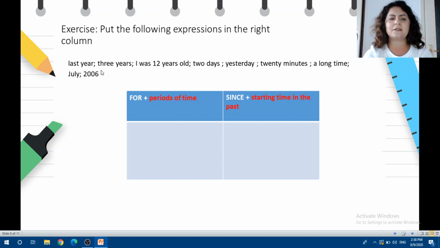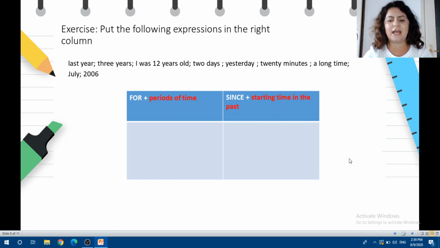So let's classify these following expressions in the right column. Last year, 3 years, I was 12 years old, 2 days, yesterday, 20 minutes, a long time, July, and 2006.